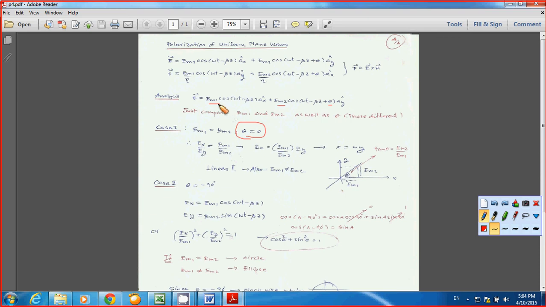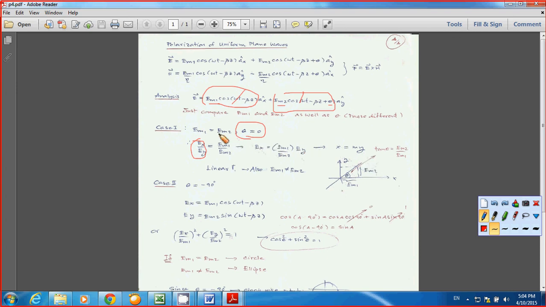So your EX is equal to this term, and EY is equal to this term. You know that the cosine is going to cancel out when you divide EX over EY, so you end up with EX equal to EM1 over EM2 times EY, which is linear.